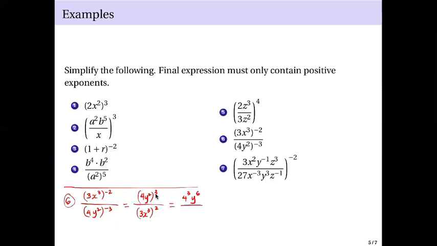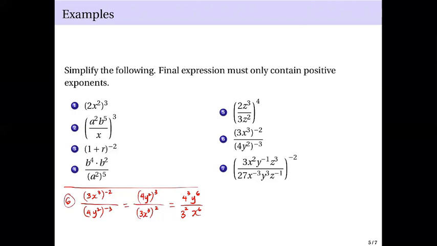And then for the denominator, you have 3 squared in here. So I'll put it as 3 squared. And then x, here you have 3 times 2. So you'll get 6 again as an exponent of x.